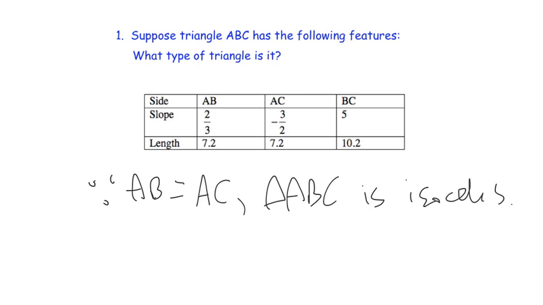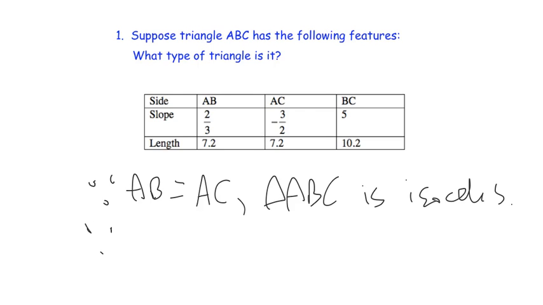And the second thing is if I look here at the slopes, I see that this slope is 2/3 and this slope is -3/2. Those two sides are perpendicular because the slopes are negative reciprocals. This one over here is a slope of 5, which doesn't really mean anything. It doesn't relate to the other ones in any special way. But these two sides, AB and AC, are perpendicular.